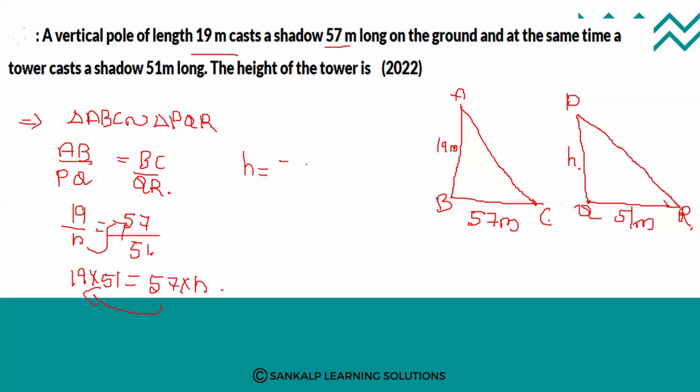You will get H equal to 51 into 19 divided by 57. Right? 51 into 19 divided by 57.